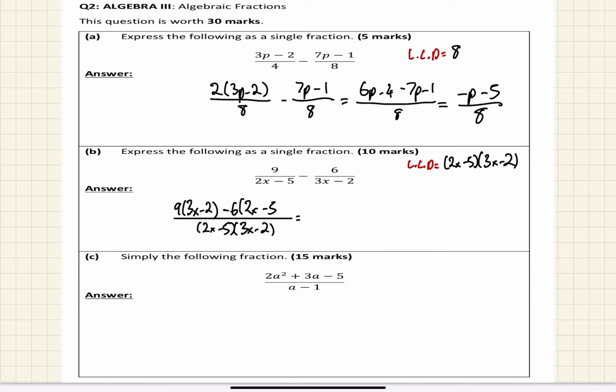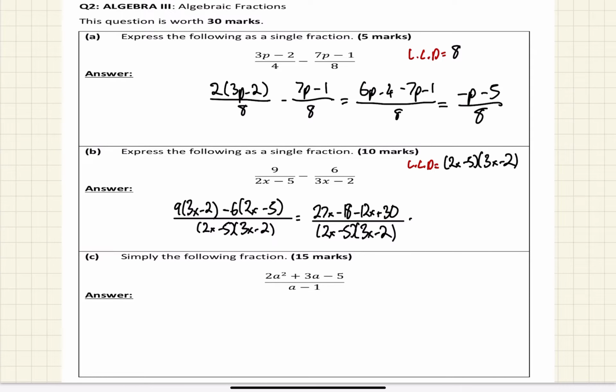Okay, and so let's expand that out. So this stays the same, 2x minus 5 bracket 3x minus 2. And expanding out up the top, you get 27x minus 18 minus 12x plus 30.